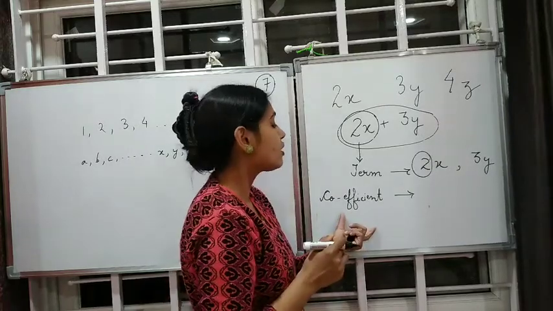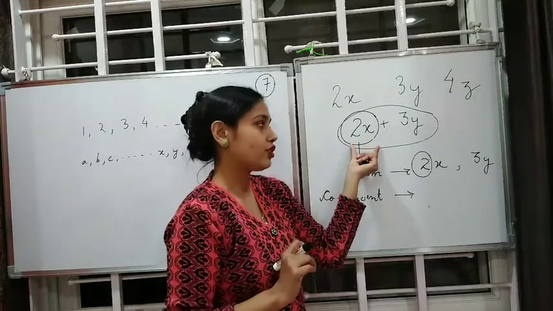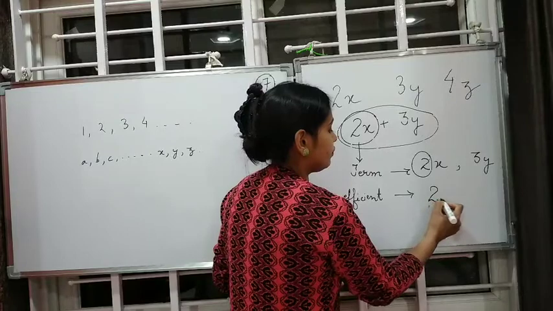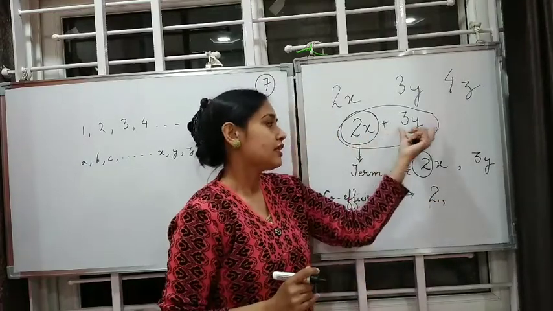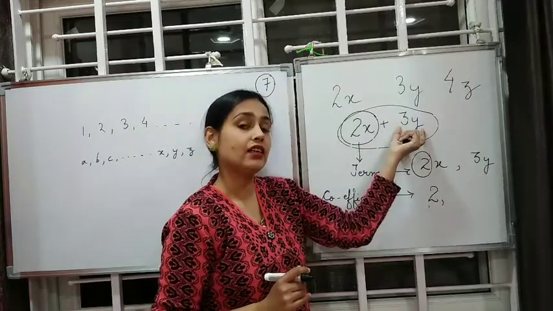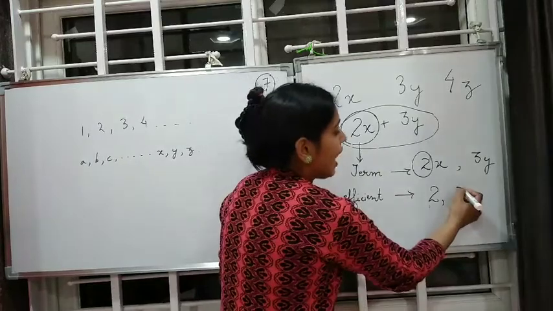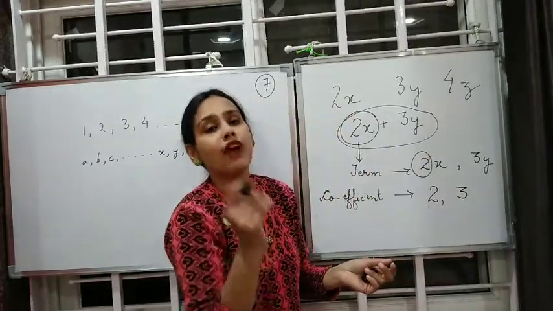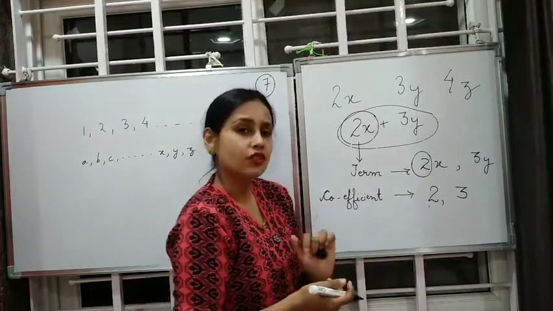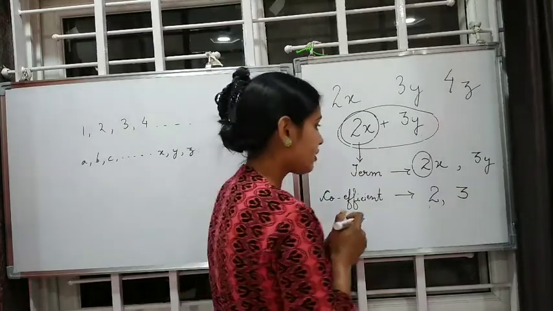So what is the coefficient of the first term of the algebraic expression 2x plus 3y? It's 2. What is the coefficient of the second term? 3. So actually it is the numerical value, the constant term. Why is it constant? Because its value doesn't change, and a variable's value changes.